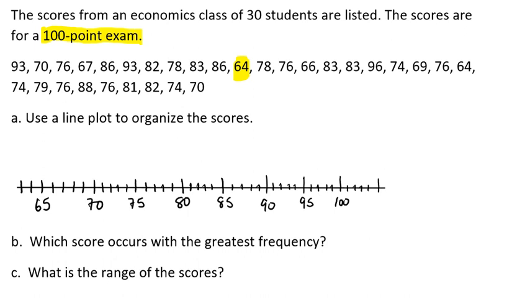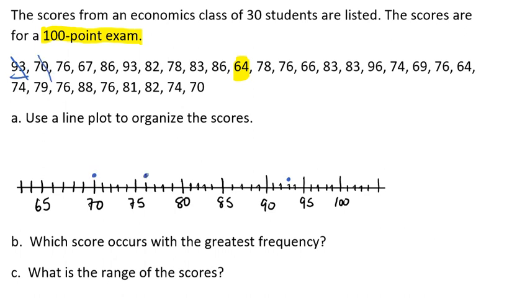Then what we're going to do is take our first digit, which is 93, and put a dot above 93, like so. And we're just going to do that for each number. So we're done with 93, then we move on to 70, and we'll put a dot there to represent one of those.